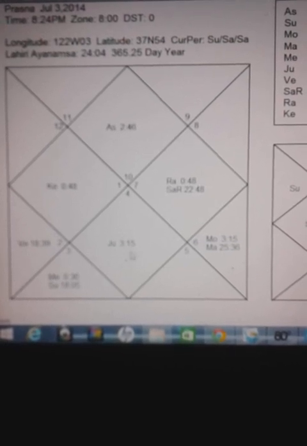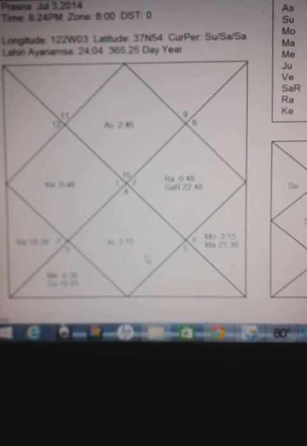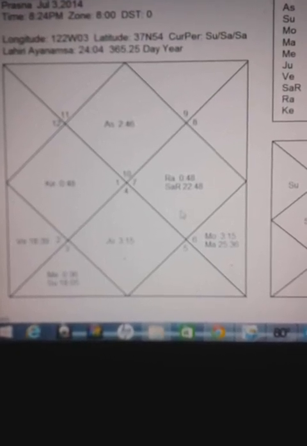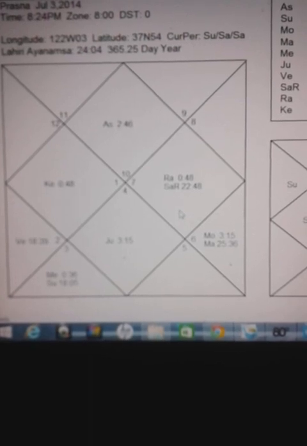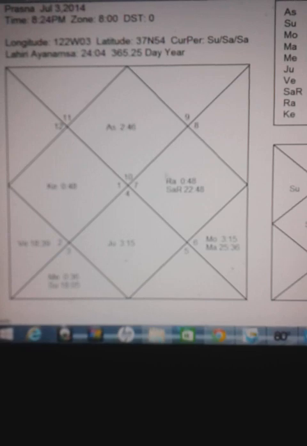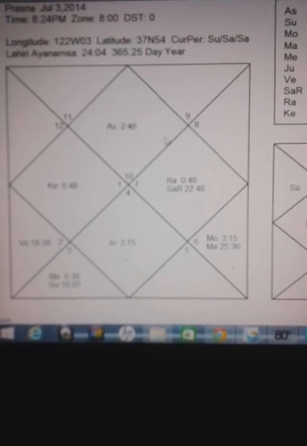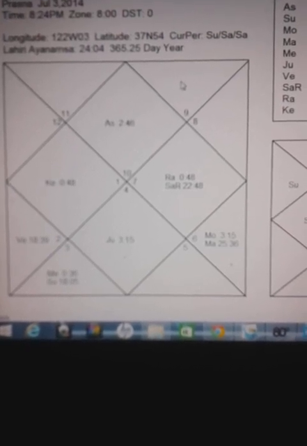So here we consider Sun also as a planet, because we know that Sun doesn't move, but the reason why we are showing Sun as a planet is because we are drawing this chart based on the fact that we are on Earth.